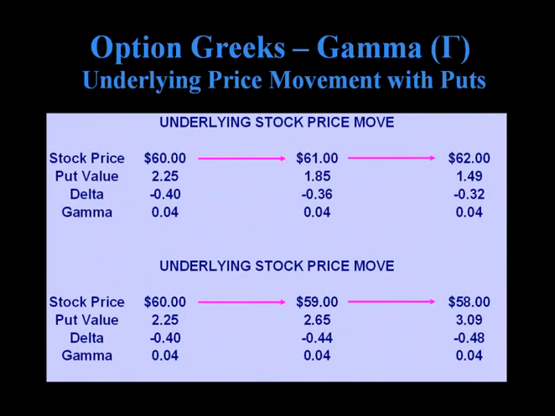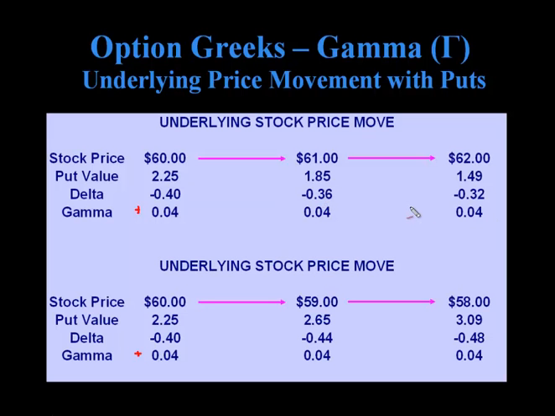Now with puts, notice here that we again have positive gamma with stock going up. Got positive gamma right here. All right, because we're long a put, and when you're long a put, that means as the stock goes up, your delta is going down in price.